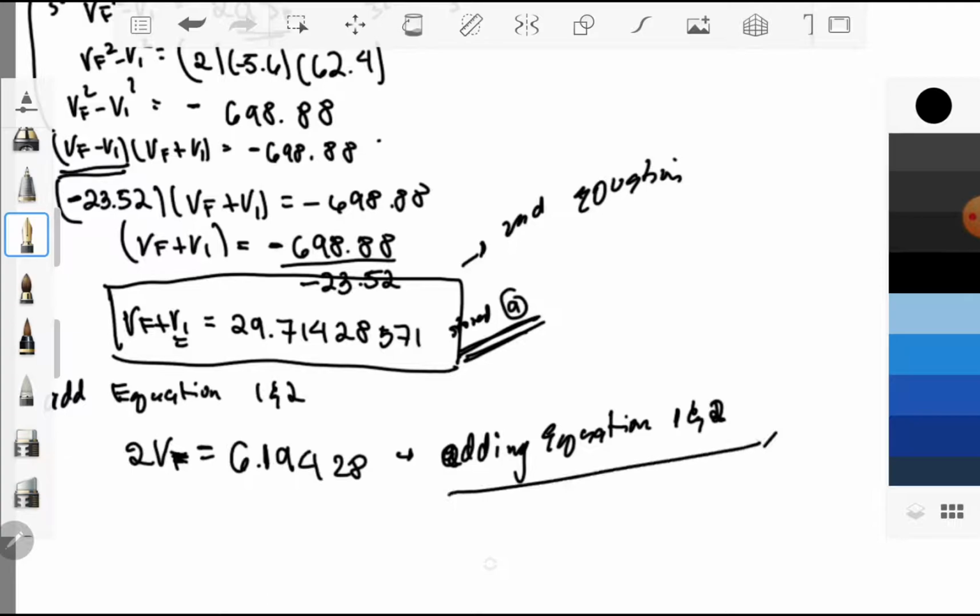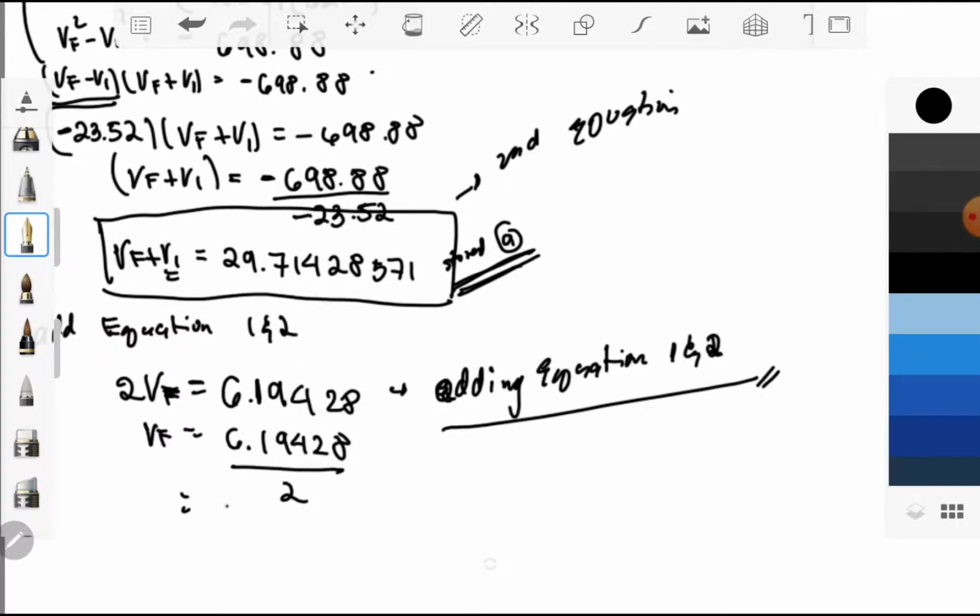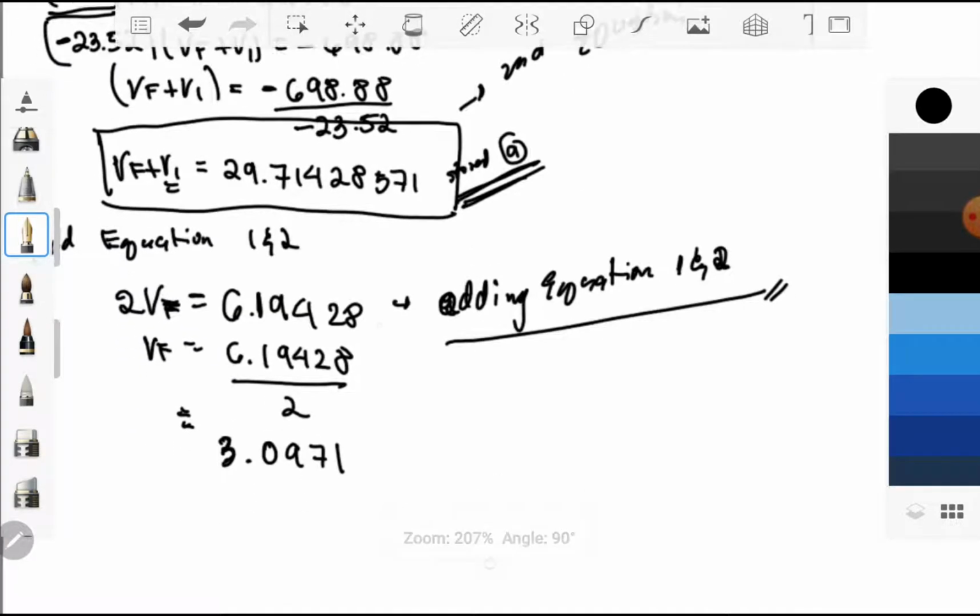So, dito lang mabilis guys, no? Kasi explanation to. So, divided by 2, so we have VF is equal to 6.19428 divided by 2. We have 3.097 or simply 3.0971 meters per second yan.